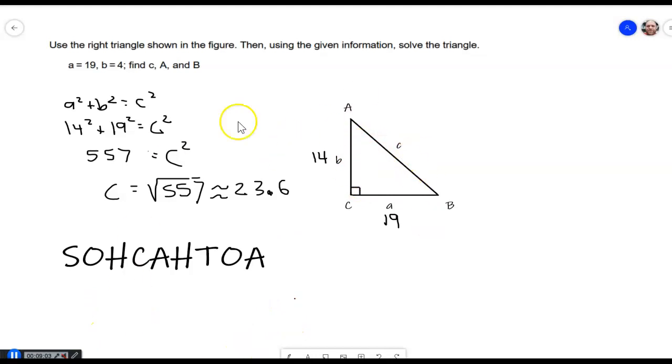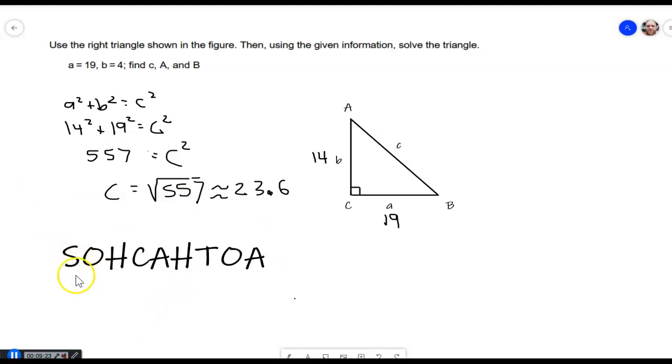And each one of those combinations refers to one of those 6 trigonometric functions: sine, cosine, tangent, cosecant, secant, and cotangent. So that's where we get the trigonometric functions from.